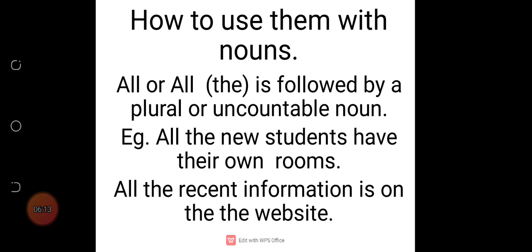But all can also go with is here because of the noun. These nouns can refer to a group of things, but it depends on the meaning you want to make, how you use it. So all the information is on the website. I hope that is clear.